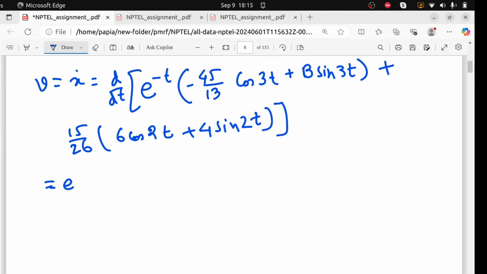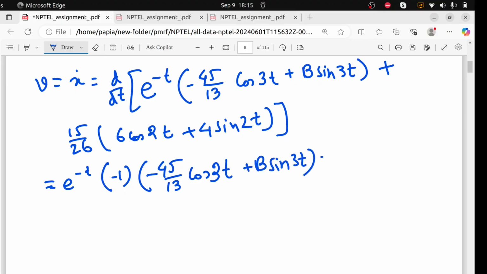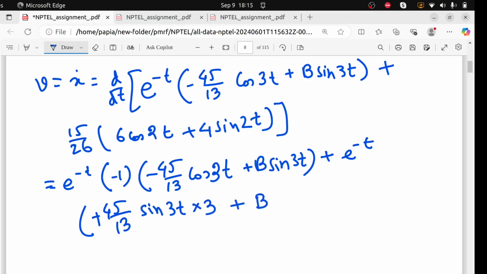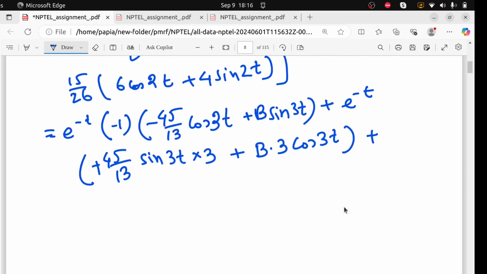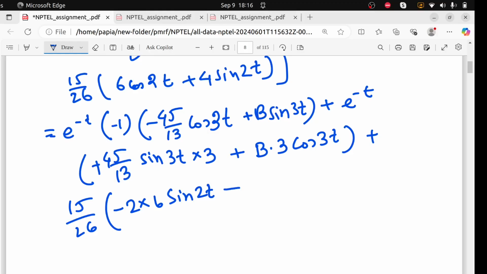So the thing is e to the power minus t times minus 1, plus e to the power minus t times the derivative: cos derivative is sin, b 3 cos 3t, minus 2 into 6 sin 2t plus 4 into 2 cos 2t.